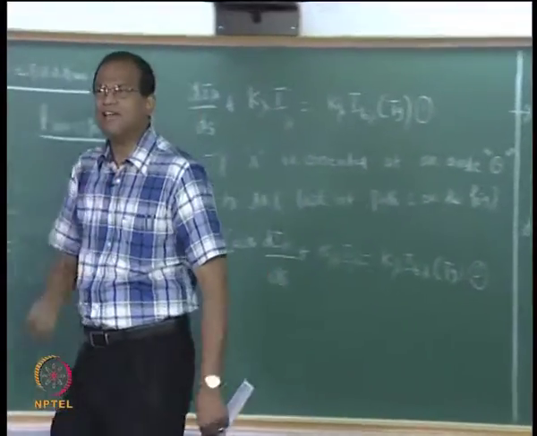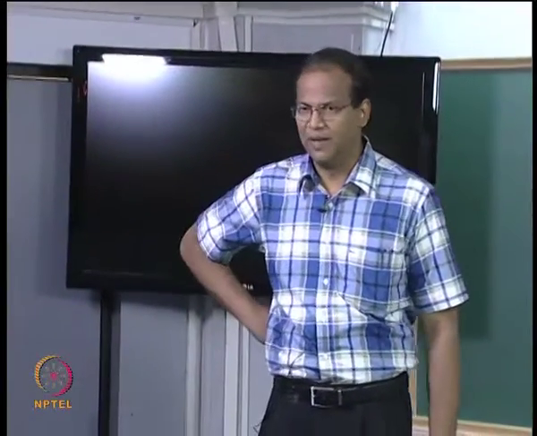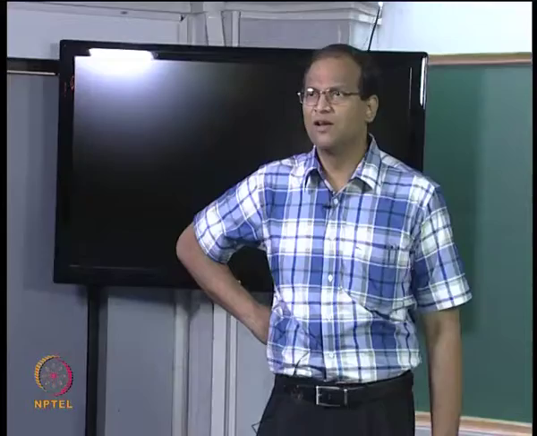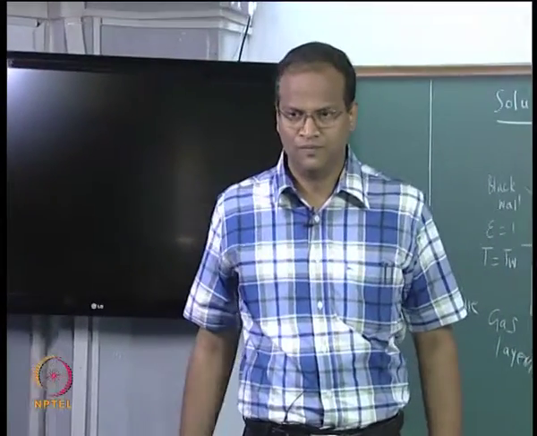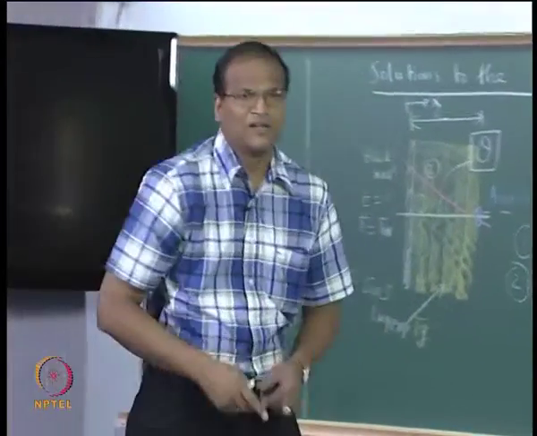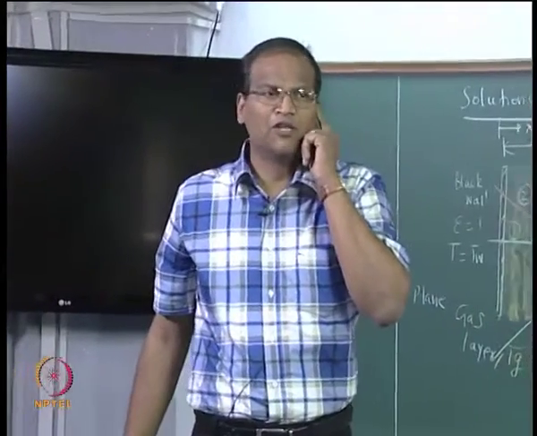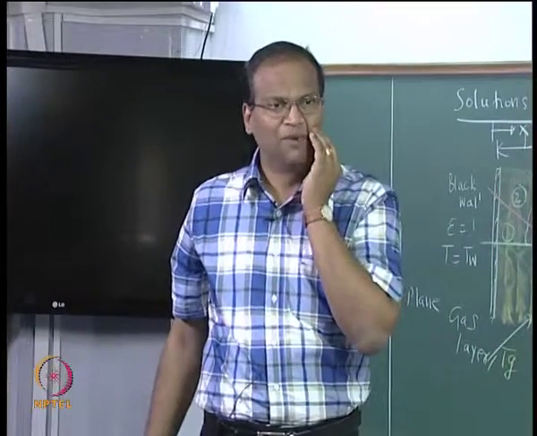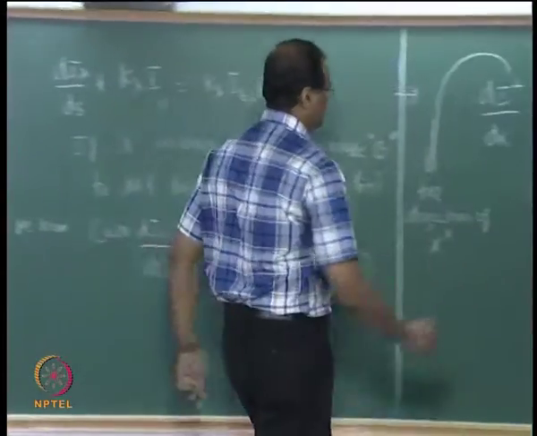I am replacing the IB lambda by IB by sigma Tg to the power of 4 by pi, okay, nothing spectacular, there is nothing which was applied which we did not know, okay. Now we can solve the equation of transfer for the straight path and then we will infer what the solution will be for the slant path, okay.